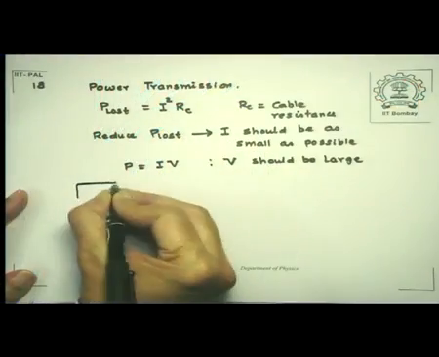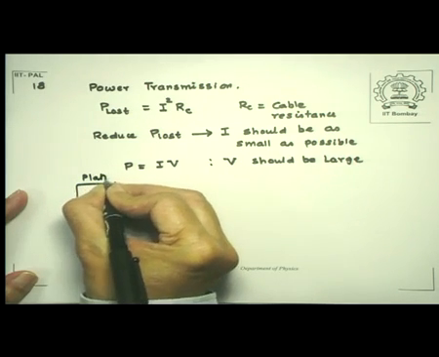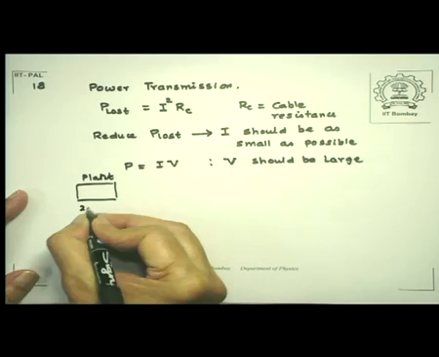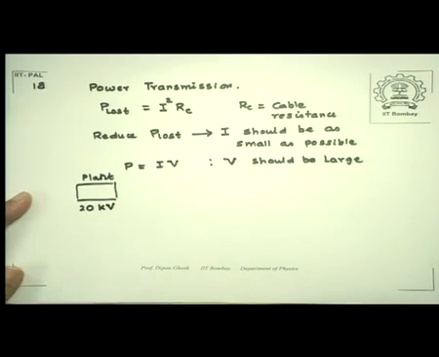So what is done is that power is actually produced at a fairly high voltage. Let me talk about a typical power plant. So this is the plant. Let me take a small plant which produces, let's say, 20 kilovolts.